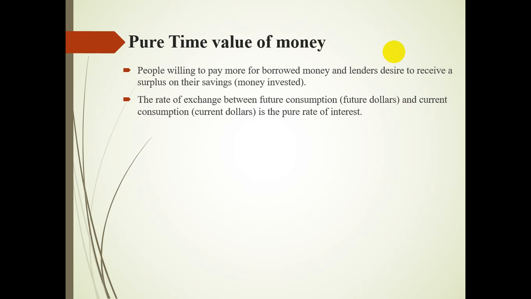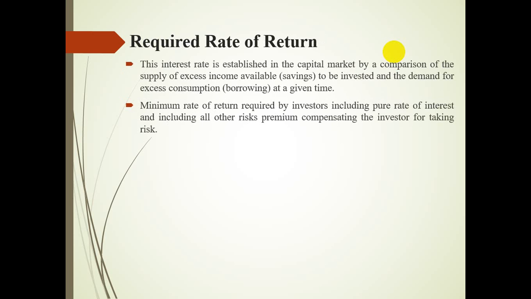Second reason, the rate of exchange between future consumption and current consumption is called the pure rate of interest. That is what we have under this method. And then comes the required rate of return. What is the required rate of return?